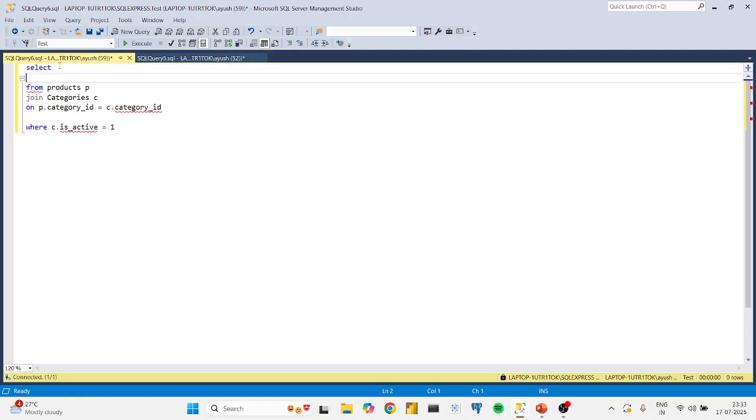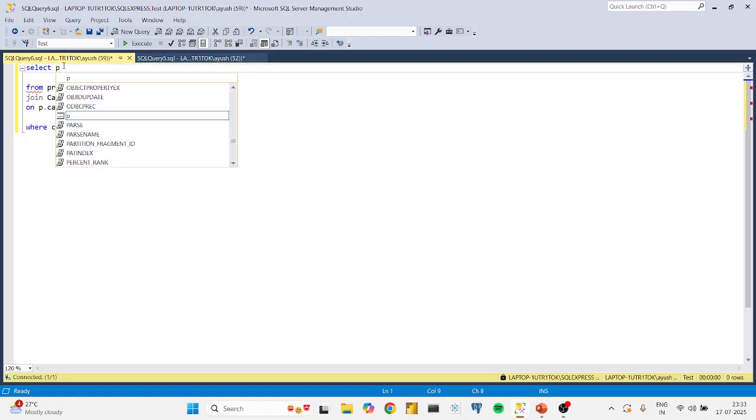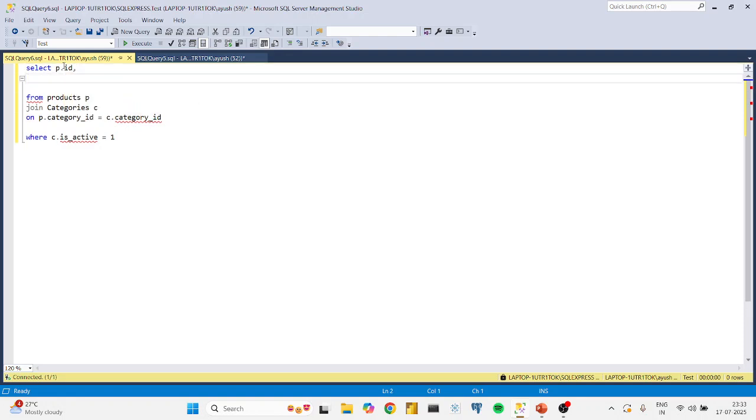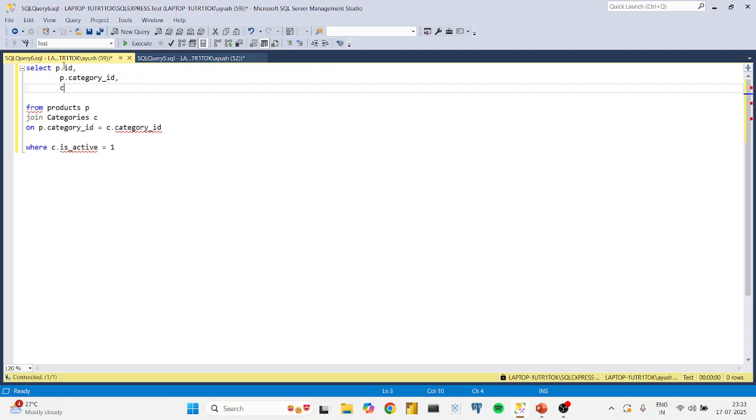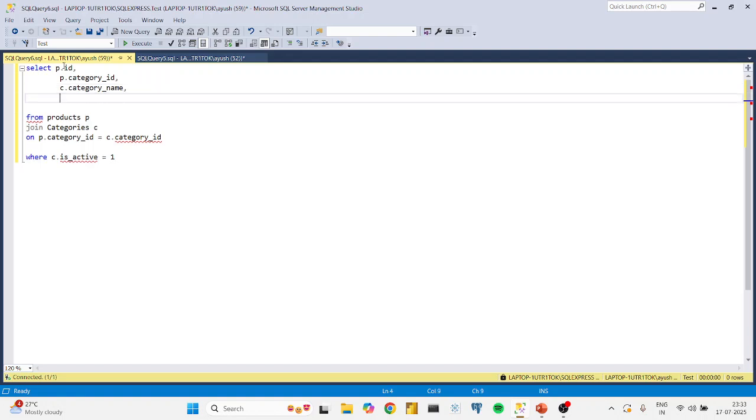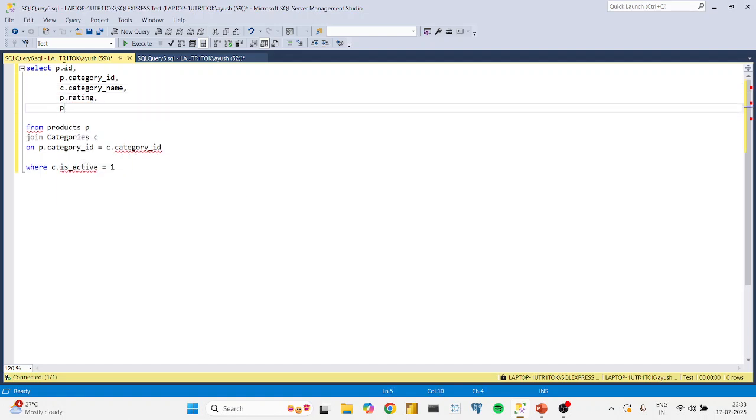Now let's start building up the columns. So it's P dot ID, P dot category ID, C dot category name, P dot rating, and P dot price. So this is all we have.